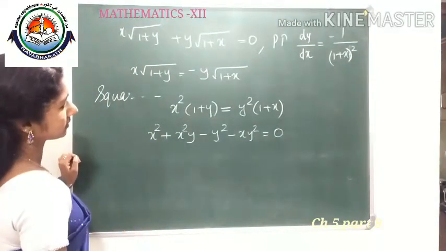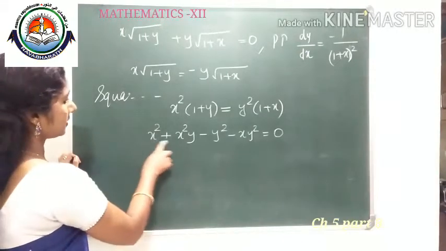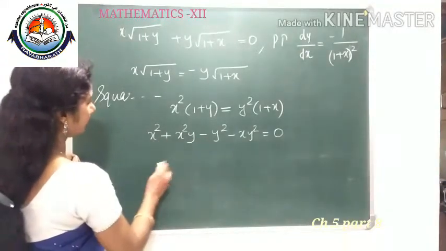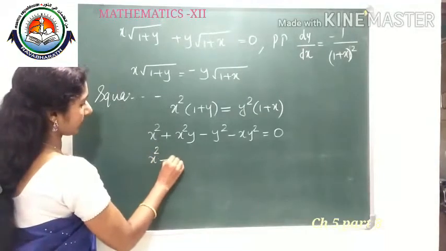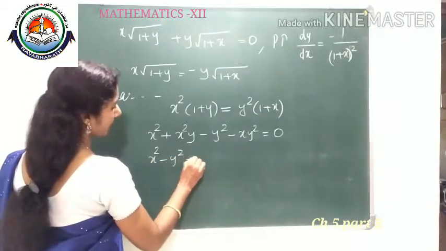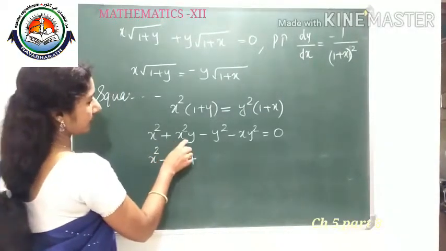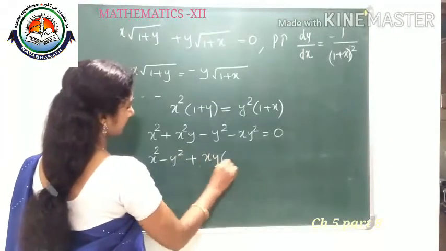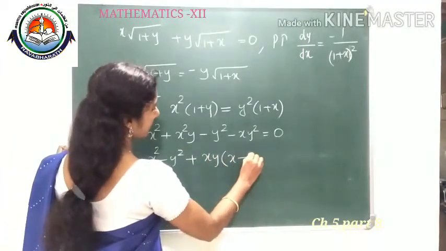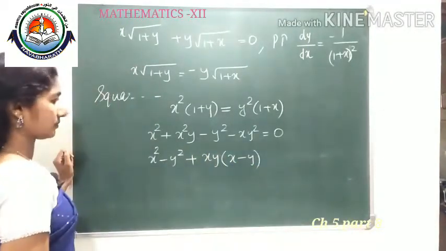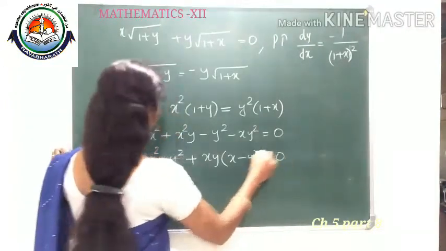And these two terms writing together, so x square minus y square plus, from here xy taking outside, so this is (x minus y) equal to 0. What I did?